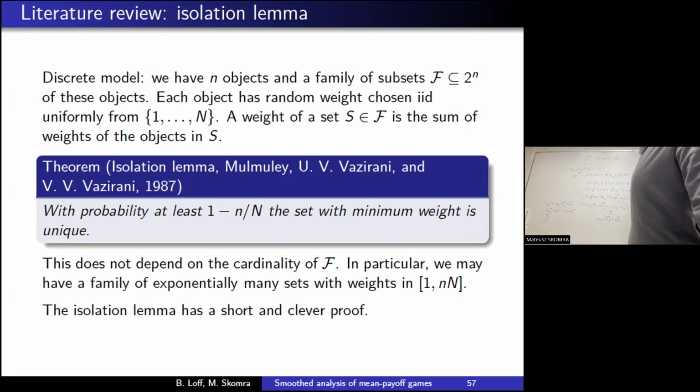But if it's unique, it's the only one that has that value, so that means that the next highest matching has a weight that is at least 1/n bigger than the previous one. But capital N can be chosen to be like little n squared.